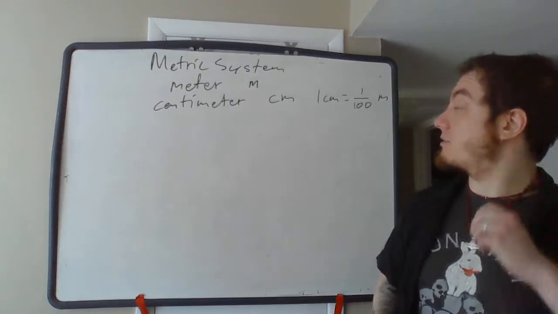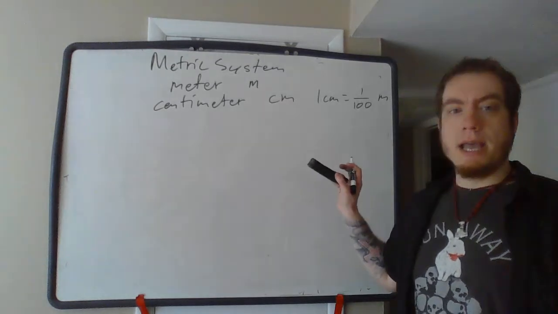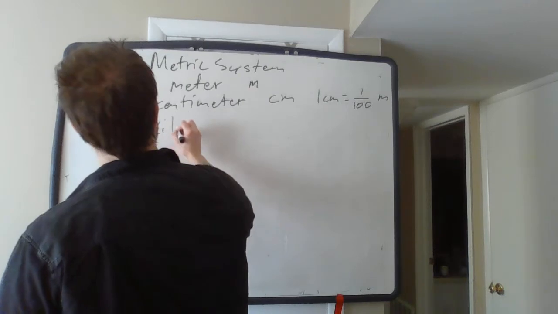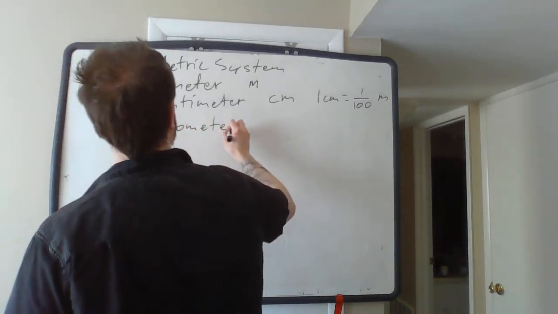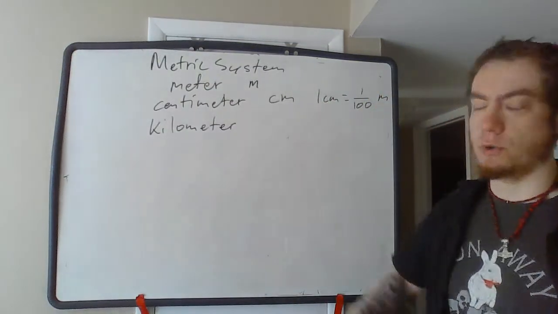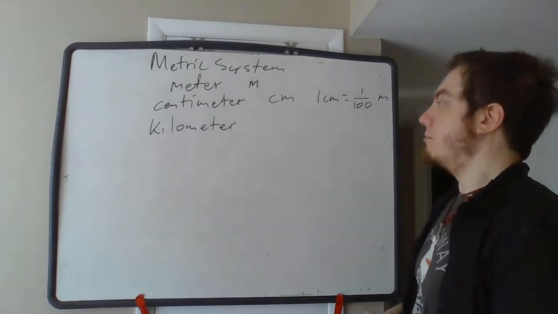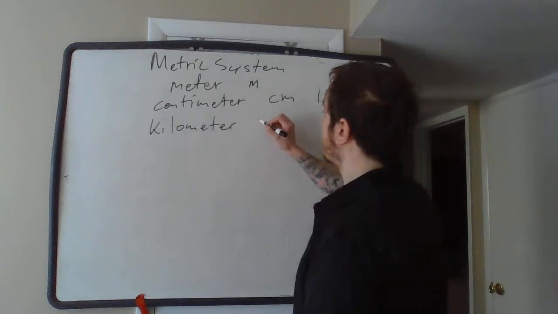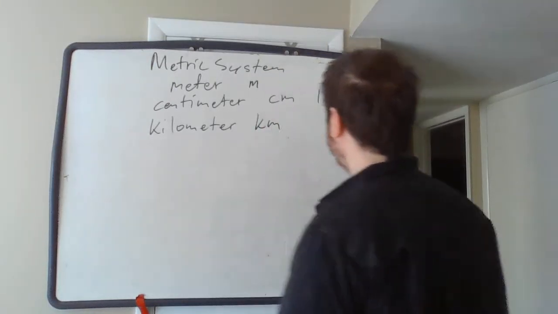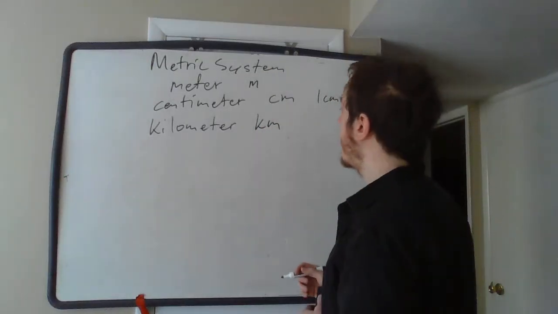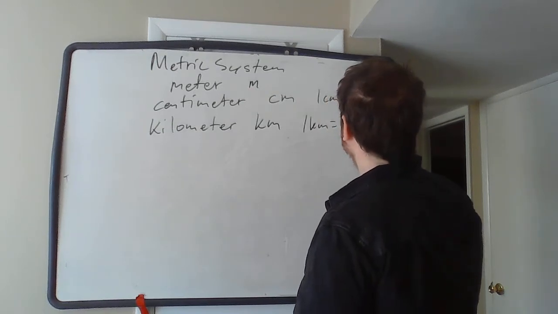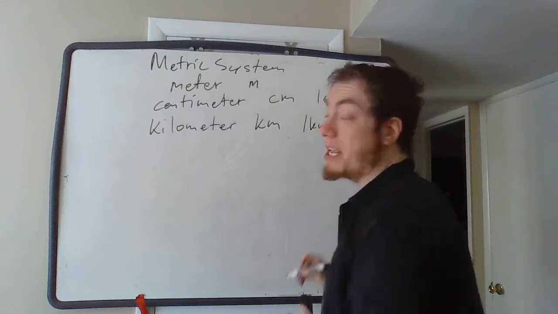We can also form the kilometer, usually pronounced kilometer, just because we kind of shorten the whole word together. The prefix here is kilo, and so we get the kilometer, which is represented km, and 1 kilometer is equal to 1,000 meters.